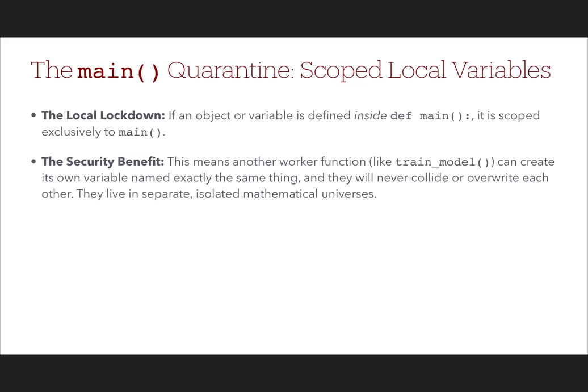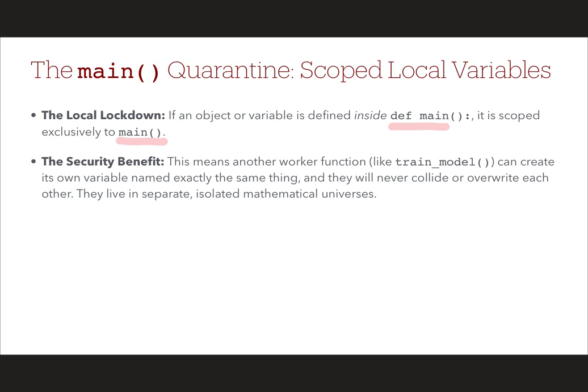So if some variable is defined inside, say, for example, the main function, the scope of the variable is only the main function. If you have another function, say train model function, and if you try to use the variable defined in the main function within this train model, then we have a problem, and vice versa.